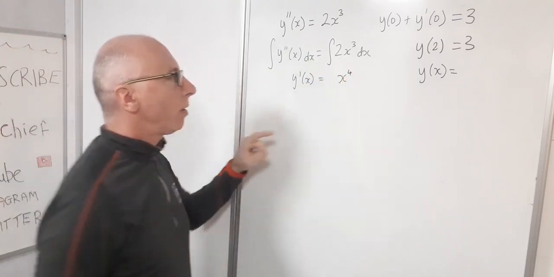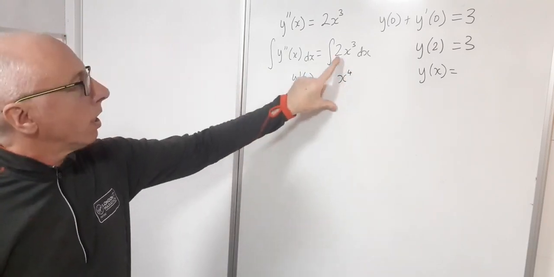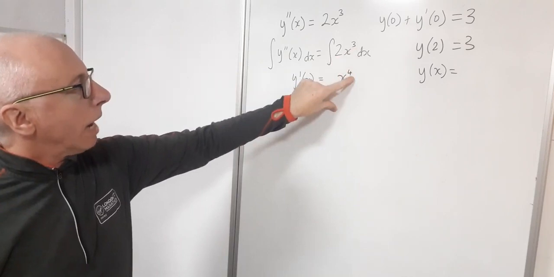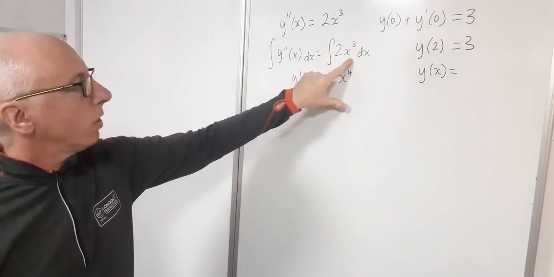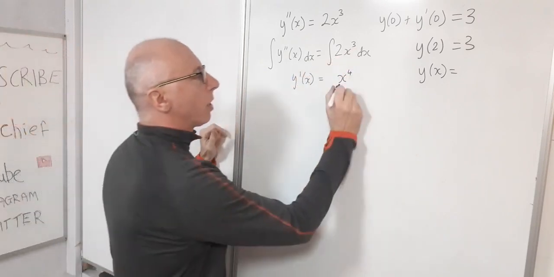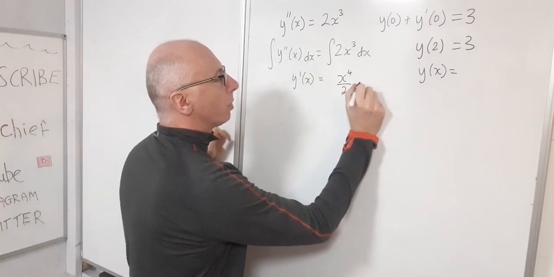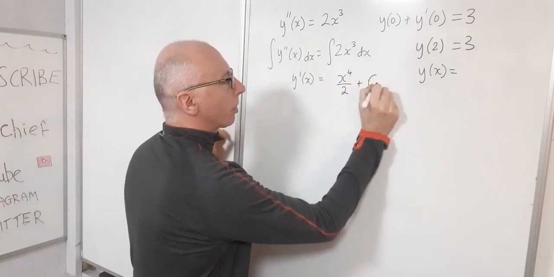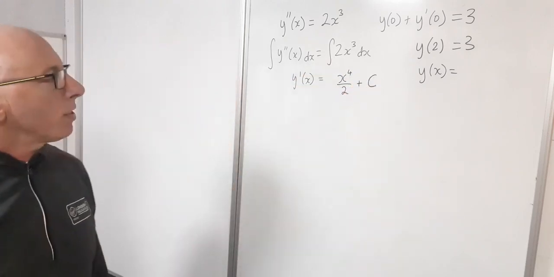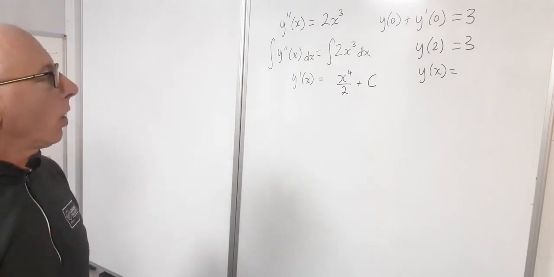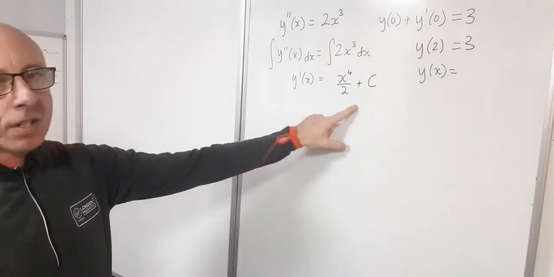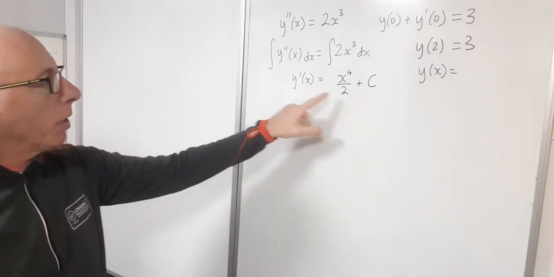Just going to hold fire on putting in my 2 because now I've got to divide by the new power. So divide by 4, I'm going to get a half. So now I've got x to the 4 over 2, and then my constant of integration is going to be c.